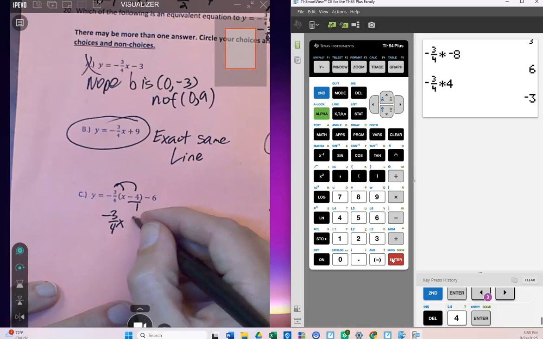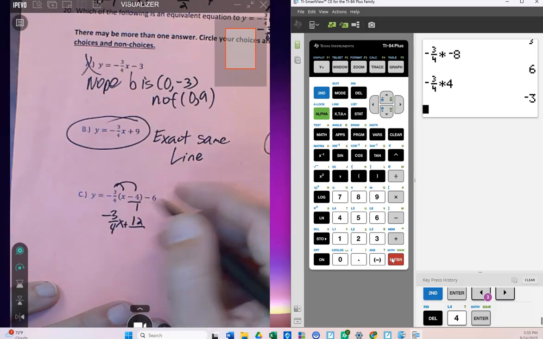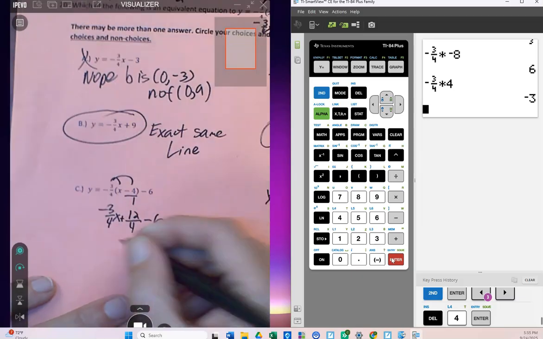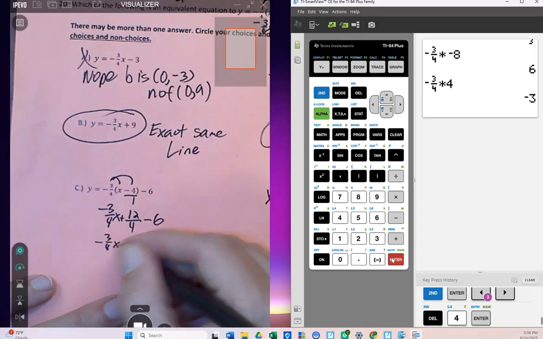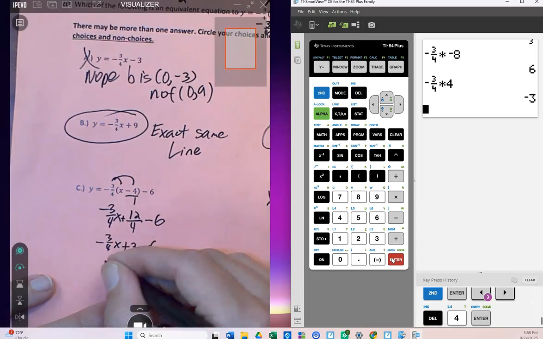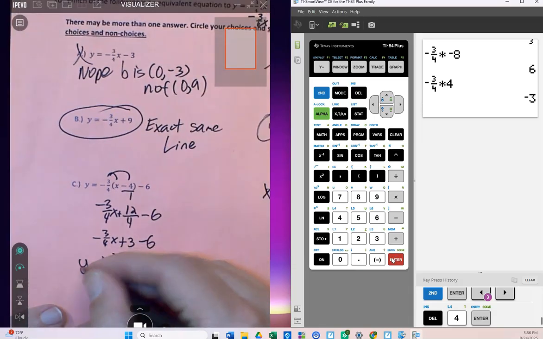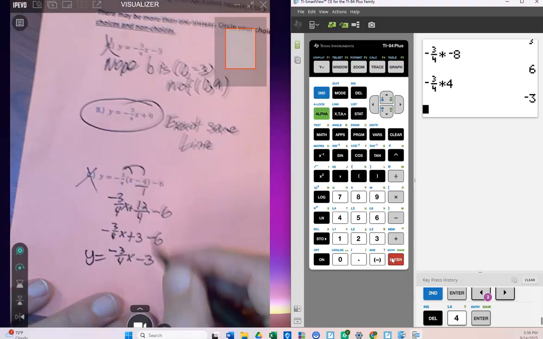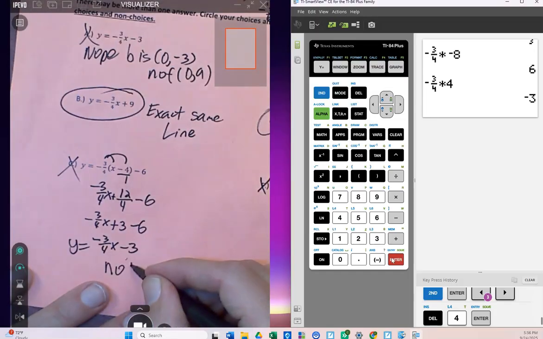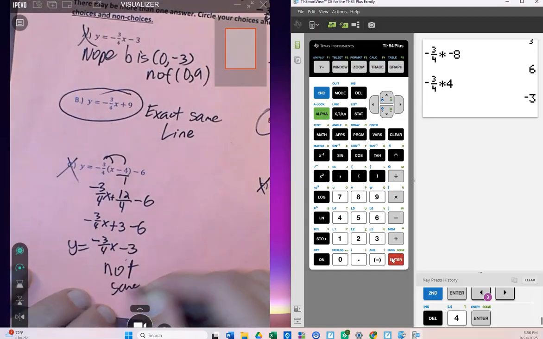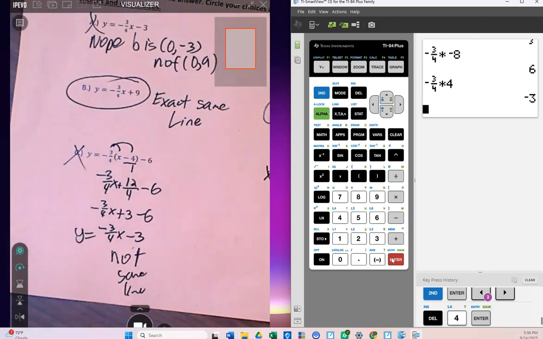Negative 3 times negative 4 is 12. 4 times 1 is 4. It's the problem I've been looking for. Done.